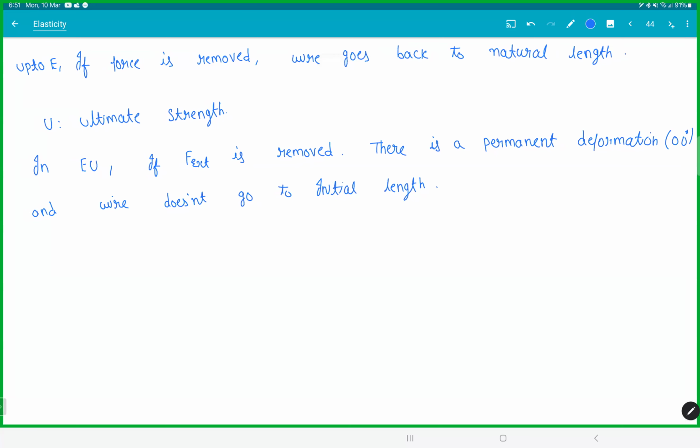This is, in a way, good for us because this is how you make wires. This property EU is proportional to ductility. Remember what ductility is? The ability to make thin wires. So the higher the EU, the easier it is to make wires.